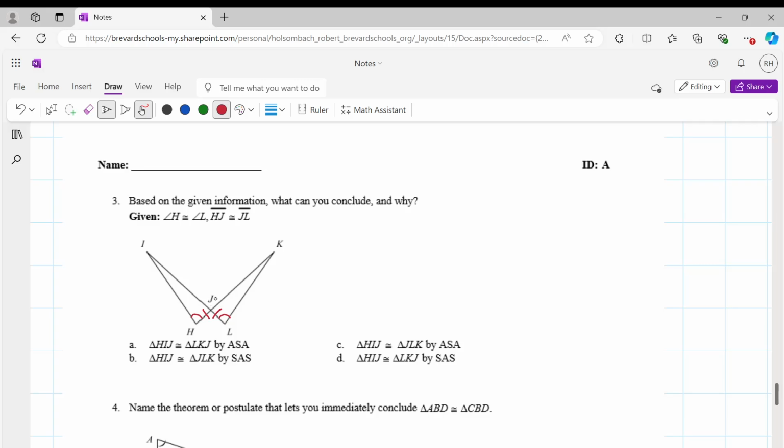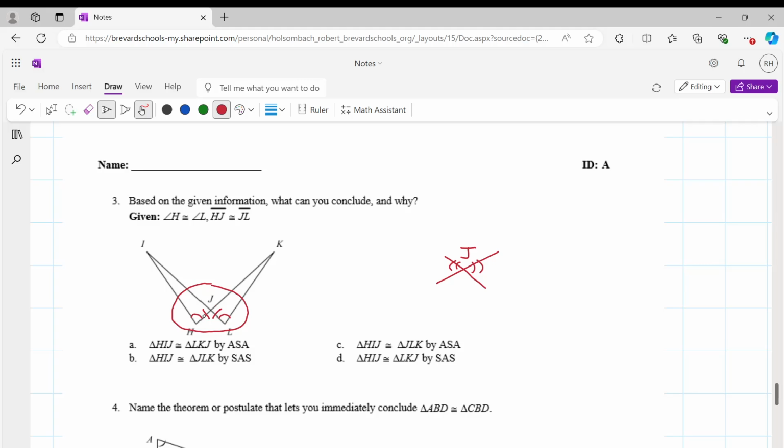If I pull this kind of over here, you've got this intersecting with this, and this is J, right? So this angle is congruent to this angle, right in here.